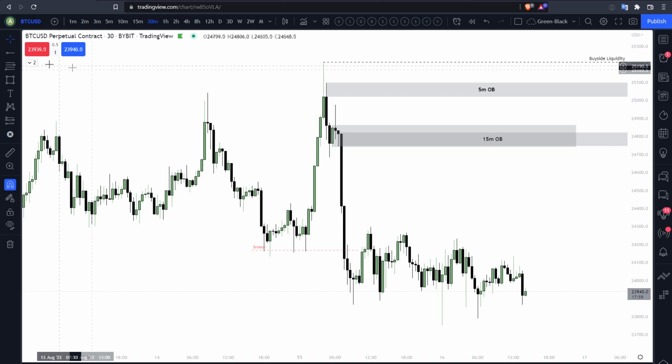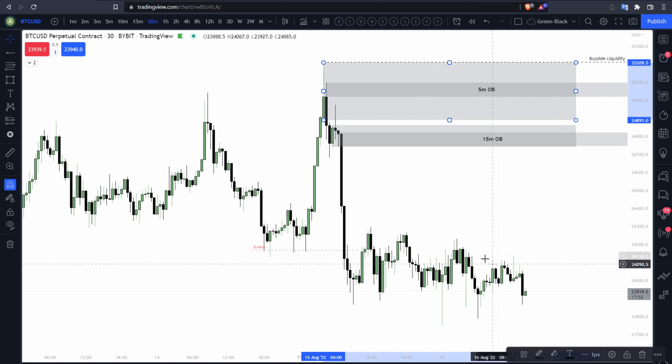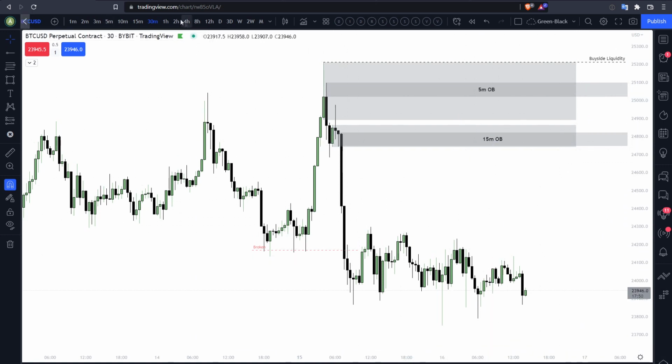And this big one here. Now, when we identify those on the 30-minute chart, we want to narrow it down and see if there are order blocks on lower time frames, like the 15-minute chart or 10-minute chart or 5-minute chart. So let's do that too.